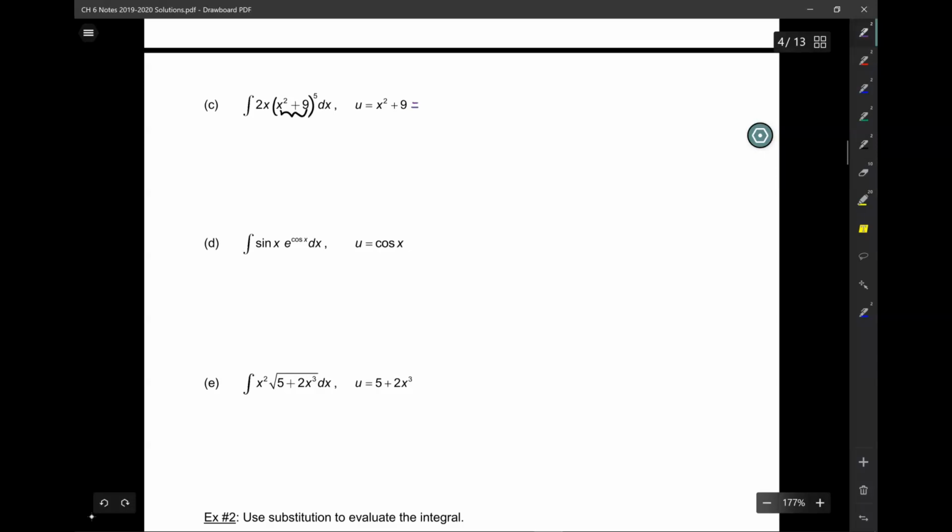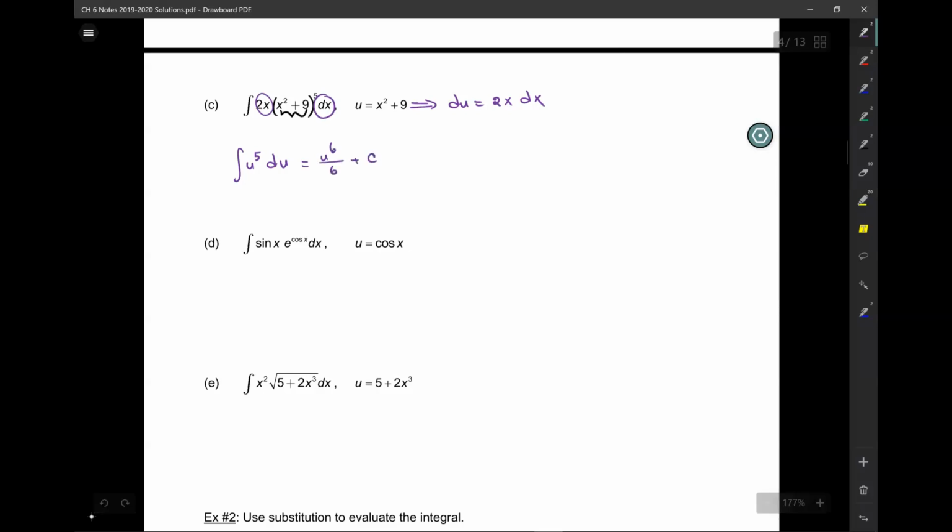And so du will be 2x dx. So now you have the integral of u to the fifth. And look, 2x dx, that's just du. So now I can integrate this.